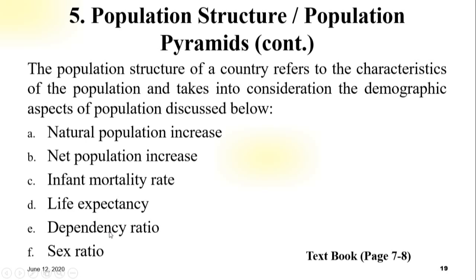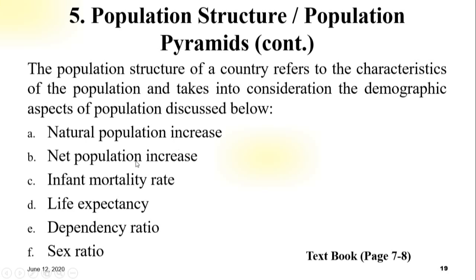The fourth talks about life expectancy. The fifth talks about dependency ratio. Dependency ratio also has a formula in the textbook. You can take note and ask me if you don't understand. The last one talks about sex ratio.